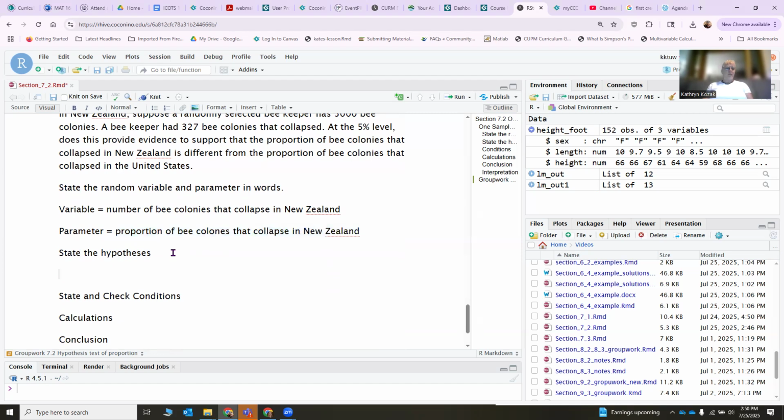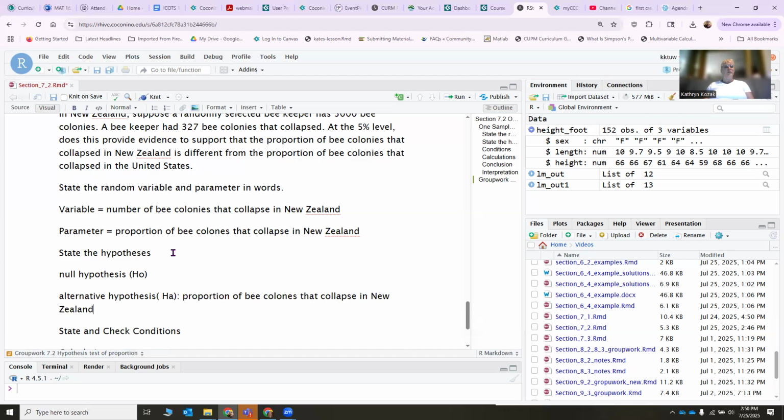I'd like to now state the hypotheses. So again, we have two hypotheses. We have our null hypothesis, H0, and we have our alternative hypothesis, HA. I usually start with the alternative hypothesis. This is my question.